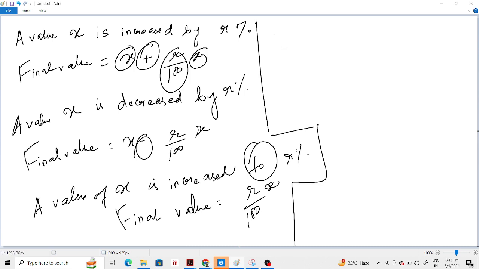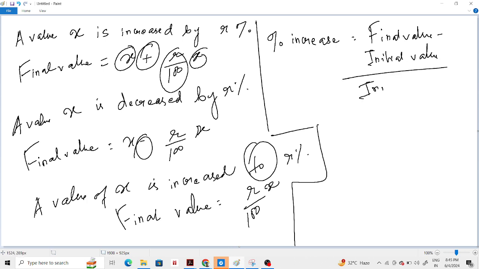Now, percentage increase means say initially a particular value was something and then the final value becomes something else. So what is the percentage increase in the value? That is always final value minus initial value, divided by initial value into 100%.